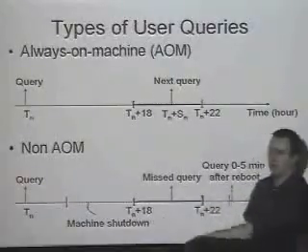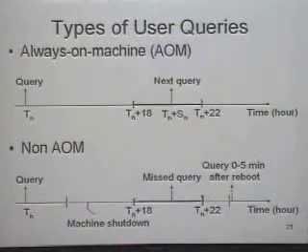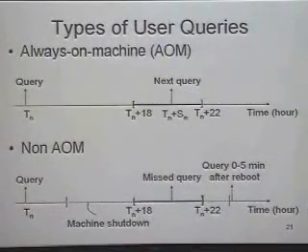Otherwise, it will be about 5 minutes, about the time when you boot it. So if the machine is shut down every night, but turned on in the morning, and you still make queries every 24 hours, it will look like an always-on machine even though it's off every night.